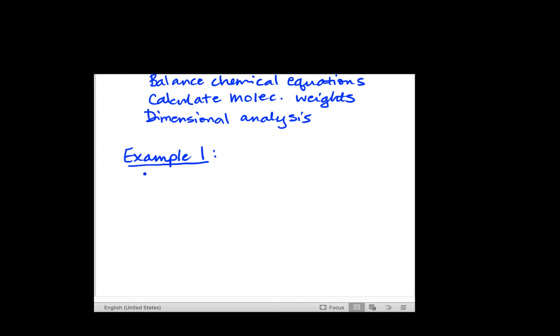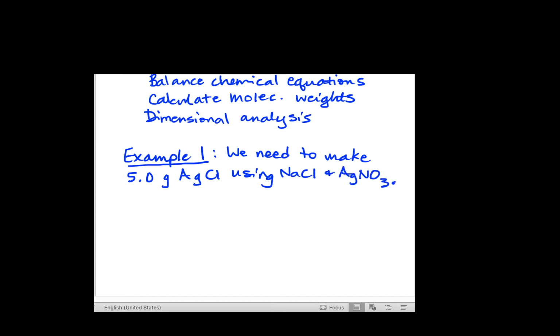For example, I might have a problem that says that we need to make 5 grams of silver chloride using sodium chloride and silver nitrate, and we need to know how many grams of sodium chloride are needed.